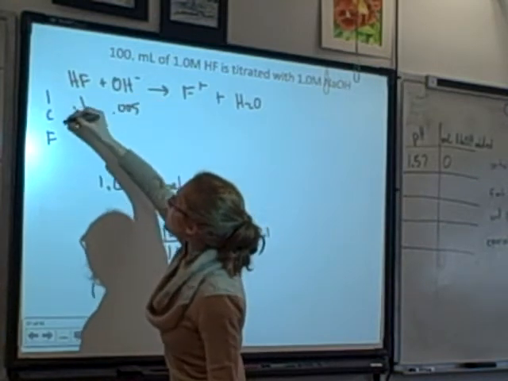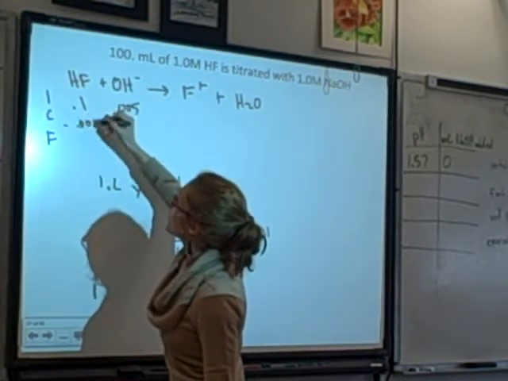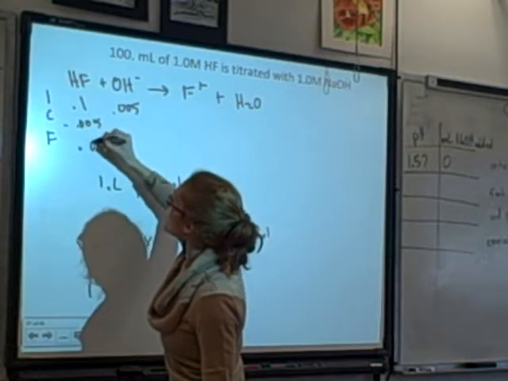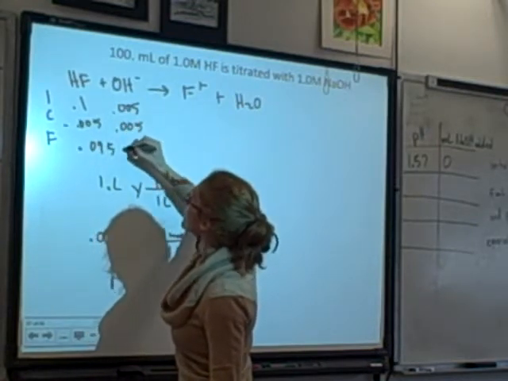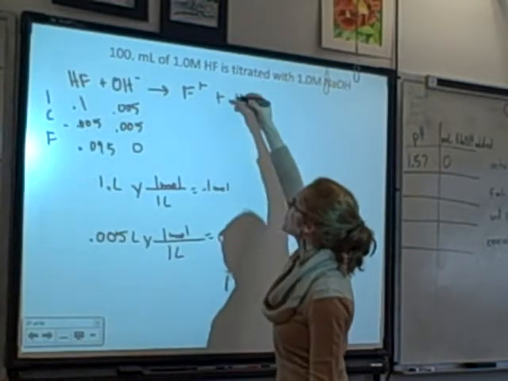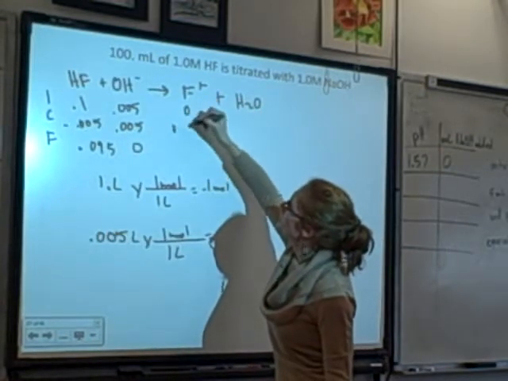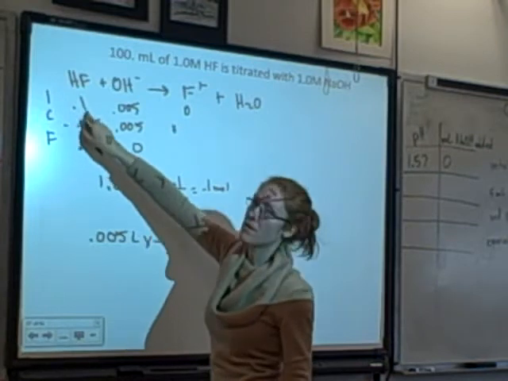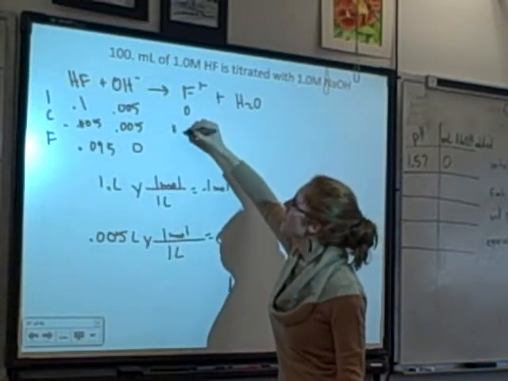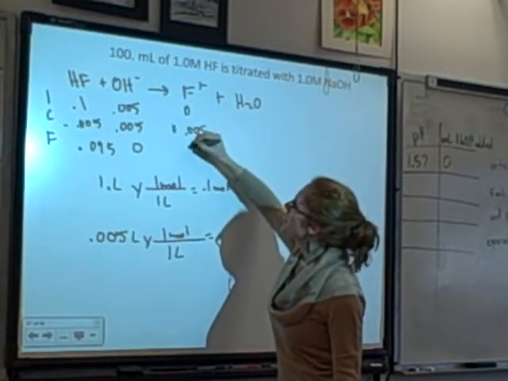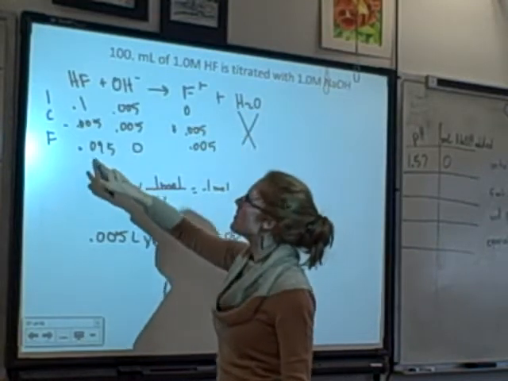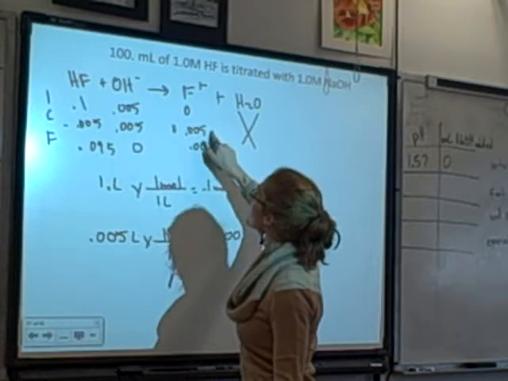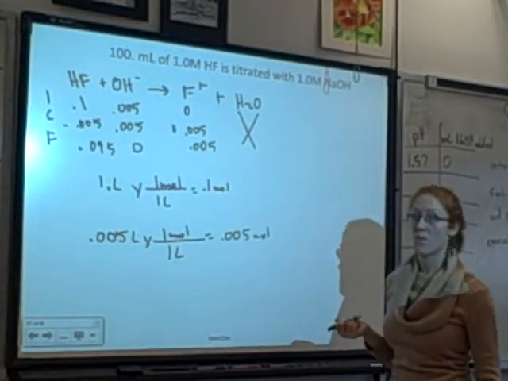I know it's going to react until I run out of one of my reactants, so that'll be the 0.005 of the base. Once that's gone, it'll stop reacting. So I'm going to end up turning 0.005 of those moles into fluoride. So at this point I say, what do I have that affects pH? I've got this weak acid, I have this weak base, so I know I have a buffer.